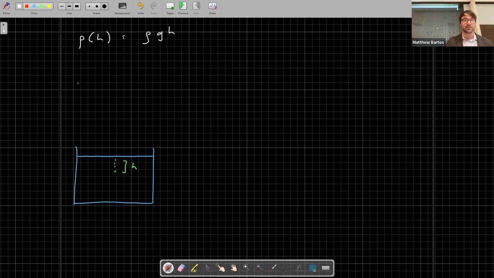So our force is going to be given by the integral, let's say this whole height here is H, from H all the way to the bottom, of rho times g times H times dA.